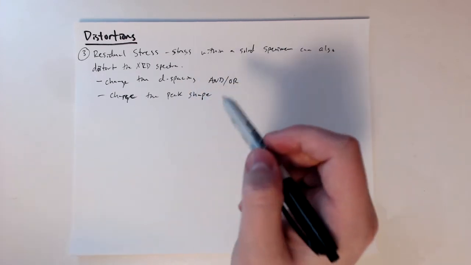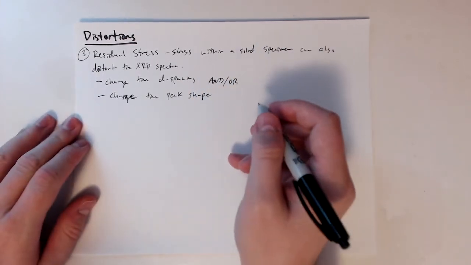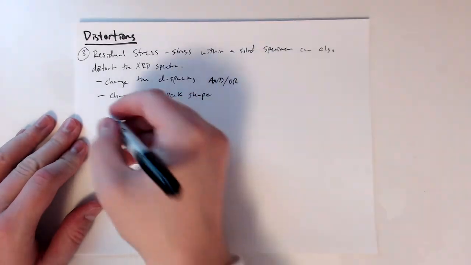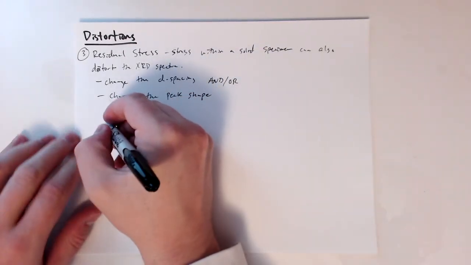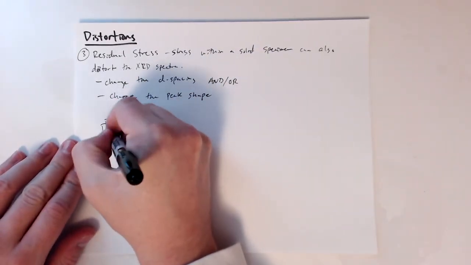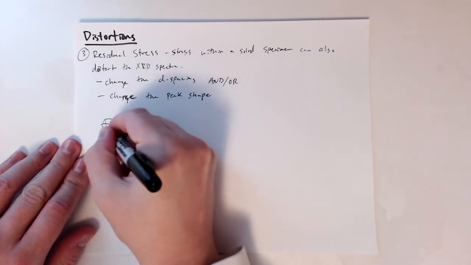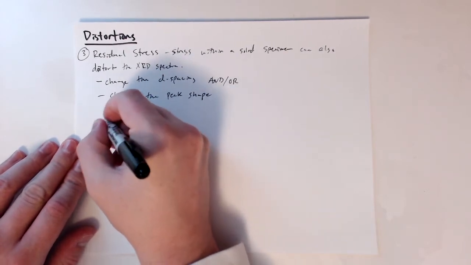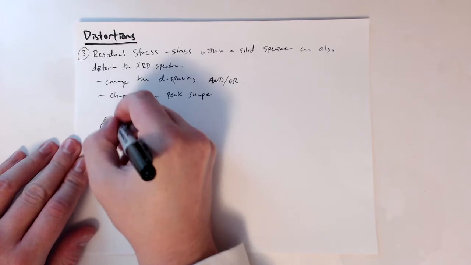So what I want you to do is, in the quiz, there is an image of a lattice. It'll look something like this, a simple cubic lattice.